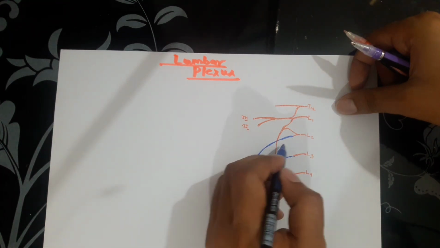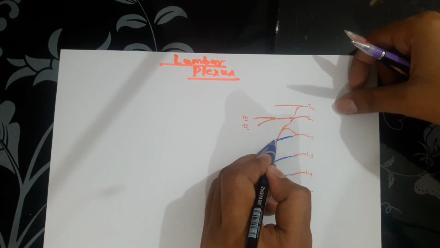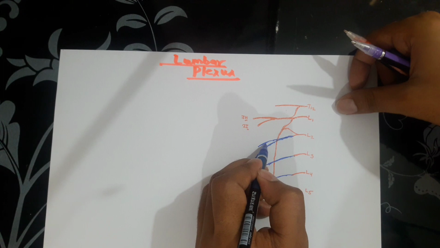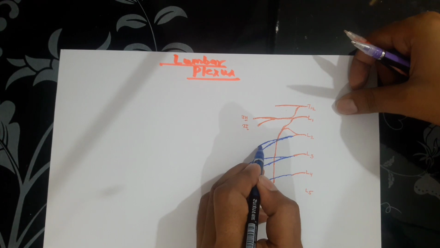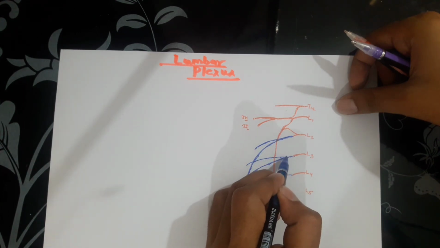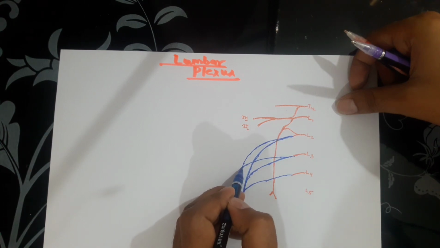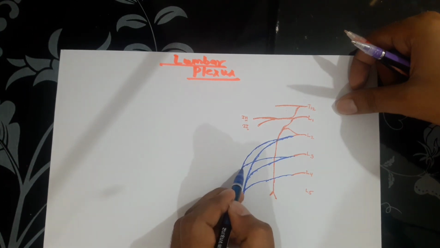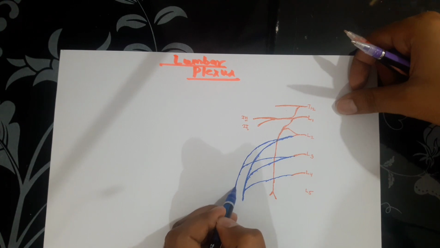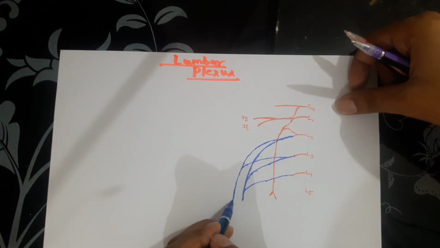Then from the posterior division of L2 and L3, another branch originates. They unite together to form the lateral cutaneous nerve, which emerges from the lateral border of the psoas major, lateral to the femoral nerve, and it also passes laterally, deep to the inguinal ligament or iliopubic tract.